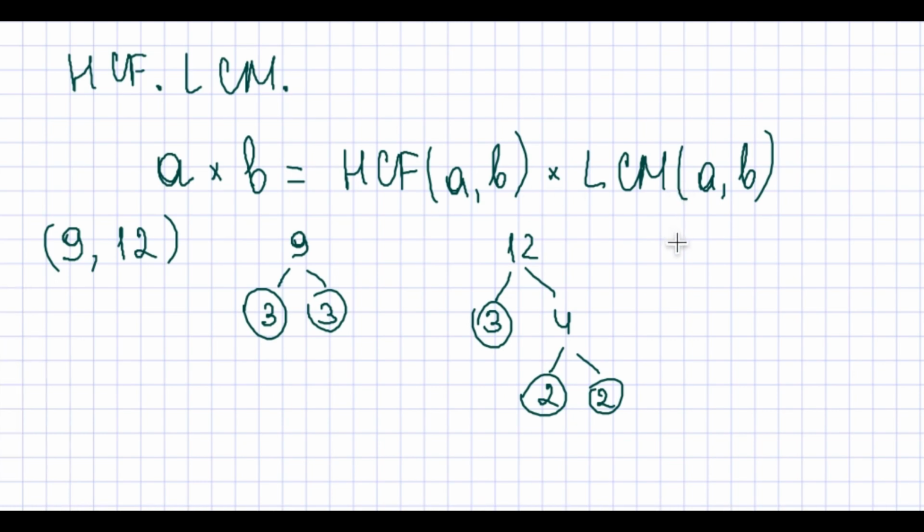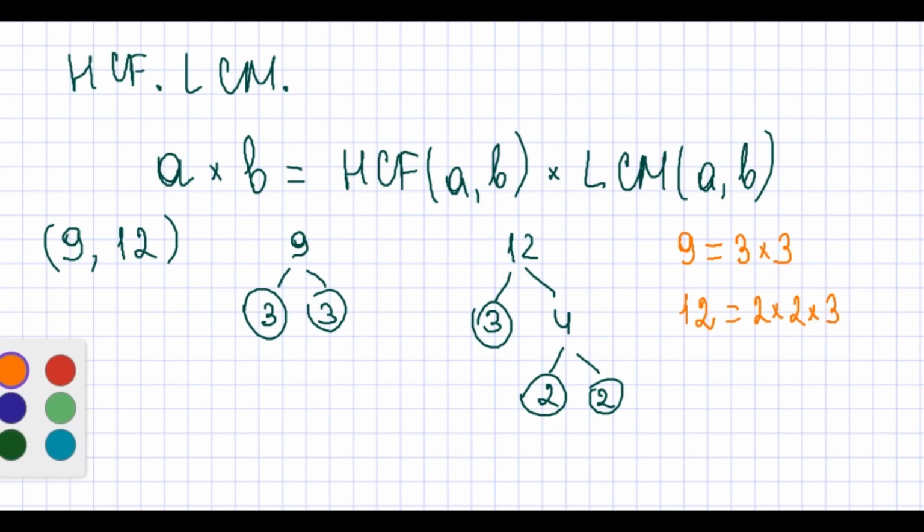So 9 equals 3 times 3. 12 equals 2 times 2 times 3. 3 and 3 are common factors.